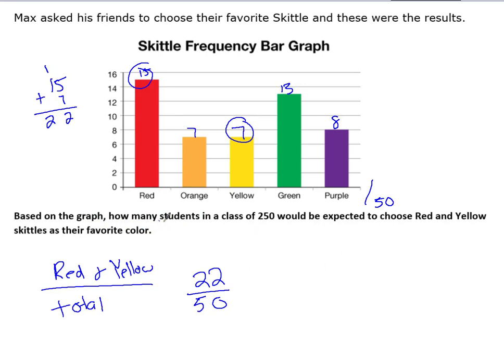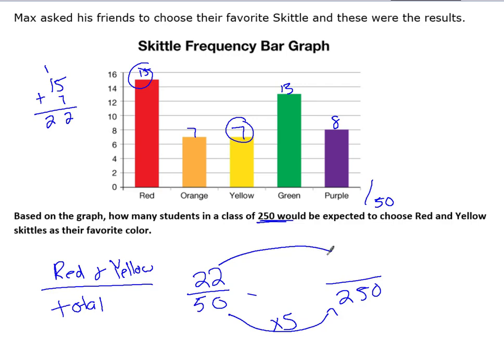Okay, how many students in a class of 250? So if my total was 250, how many students would choose red and yellow? It's kind of like a prediction. So I find my scale factor. So 50 times what gives me 250? Because I have that 0, I can think of it as 5 and 25. So 5 times what gives me 25? Well, if I multiply 50 times 5, it would give me 250.